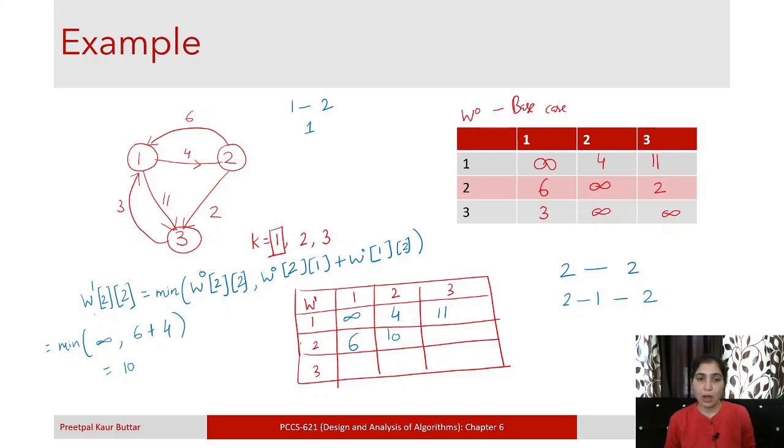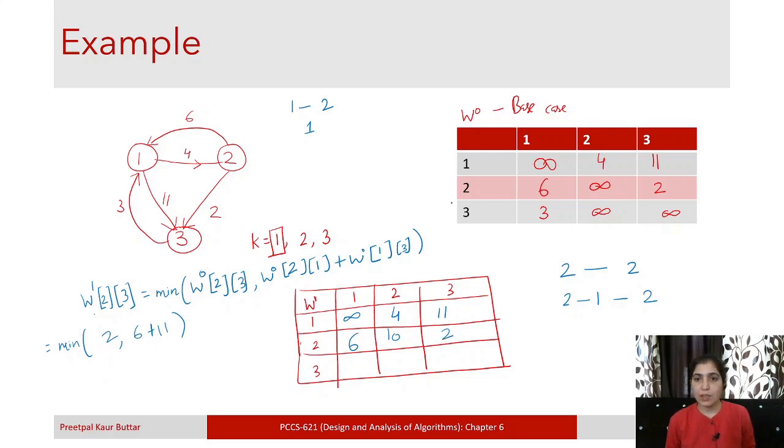Now let us move to the next cell 2, 3. It is 2, 3, 2, 1, 1, 3. So 2, 3 is 2 here. 2, 1 is 6 and 1, 3 is 11. So the minimum is 2, so we will keep 2.